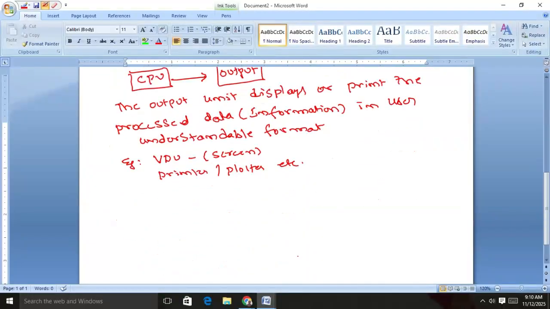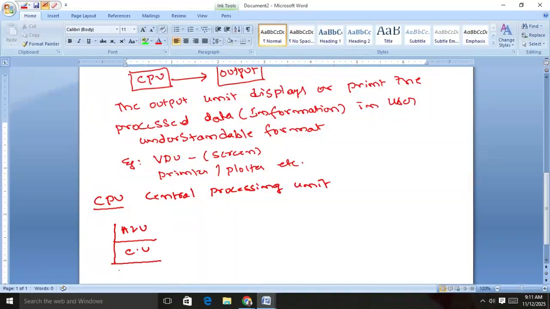And next we come to the CPU, that is the central processing unit. It consists of three parts: ALU, CU, and main memory, right?